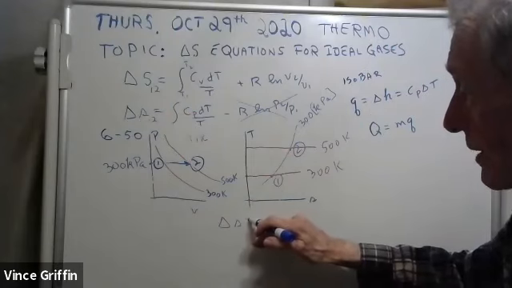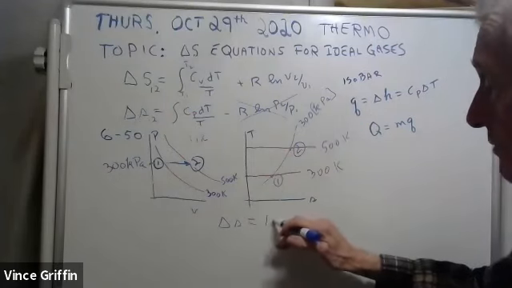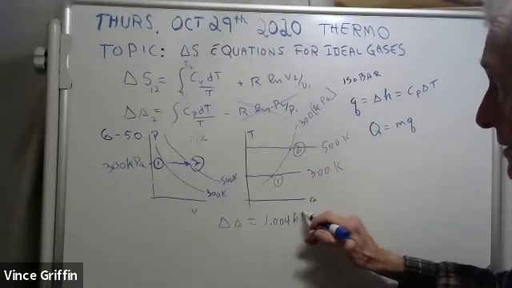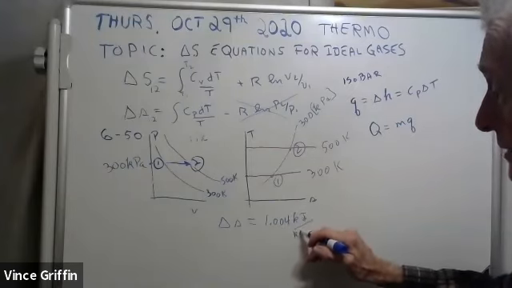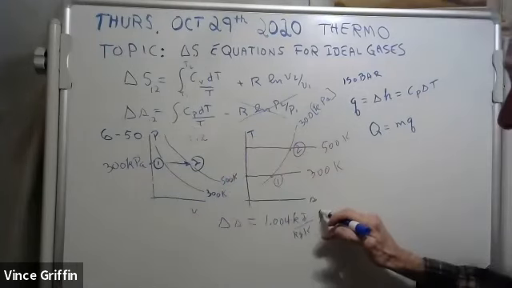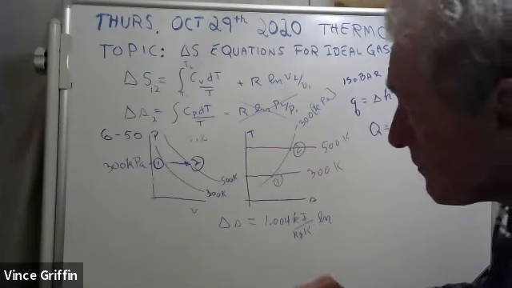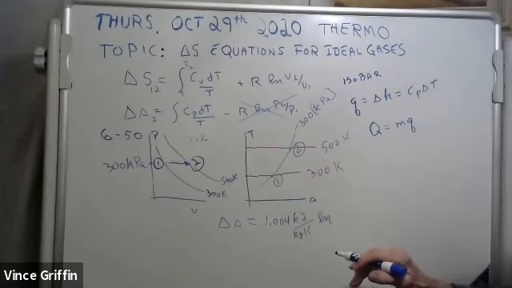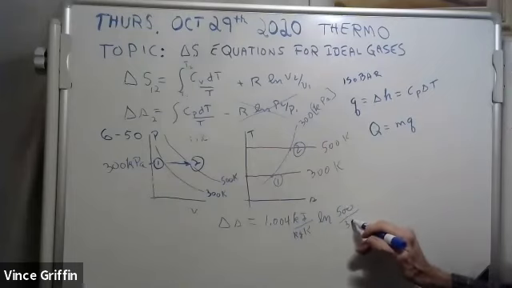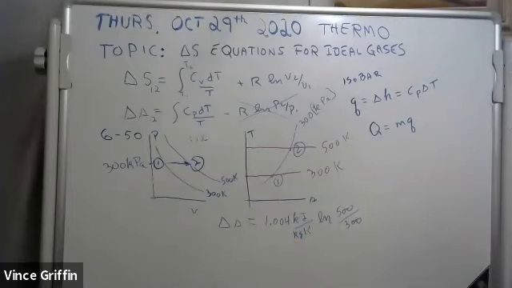But see, we can pull out that C sub P. It's 1004 kilojoules per kilogram Kelvin. And when you integrate that, what you'll get is the natural log going from 300 to 500 and you get your change in specific entropy.